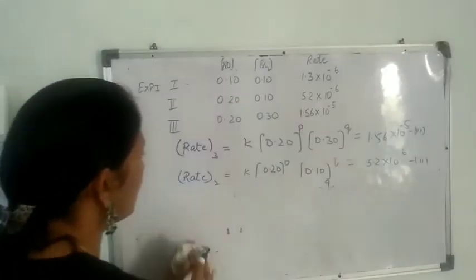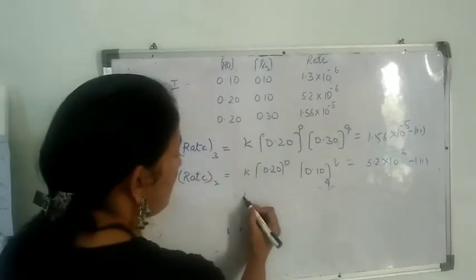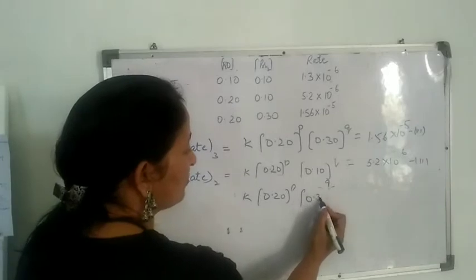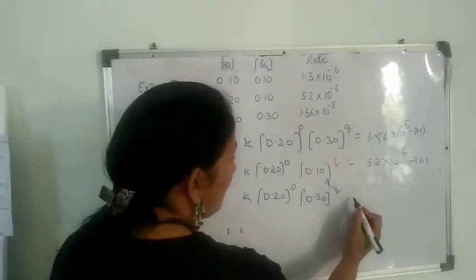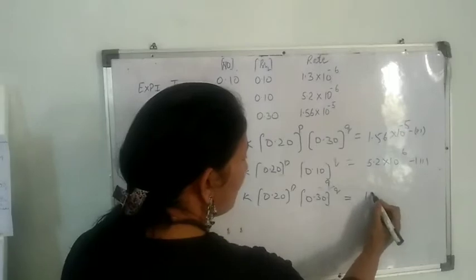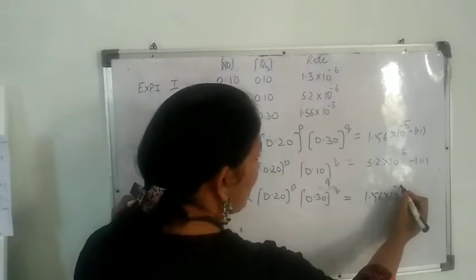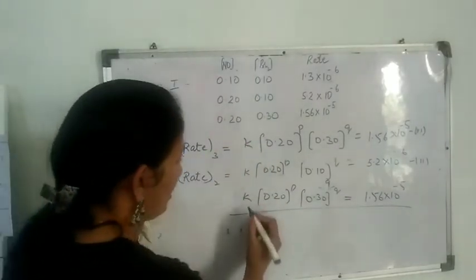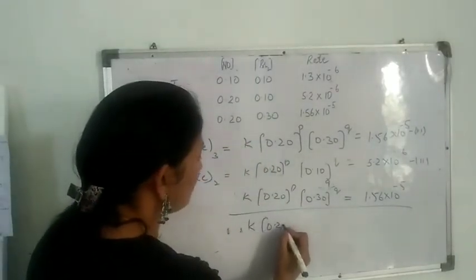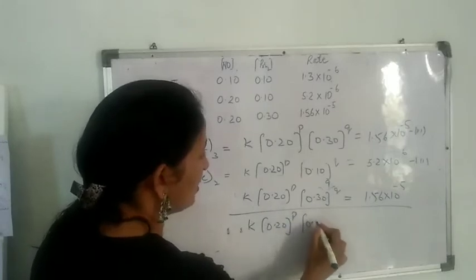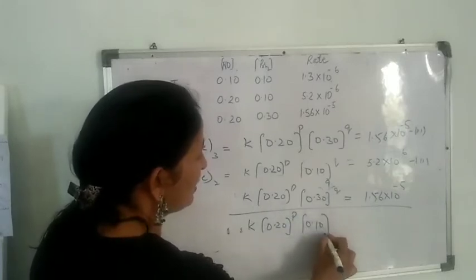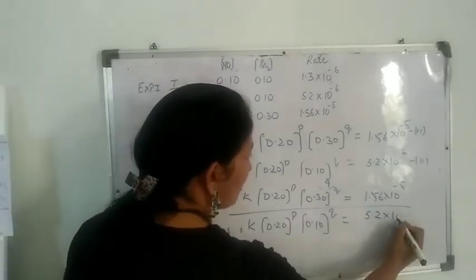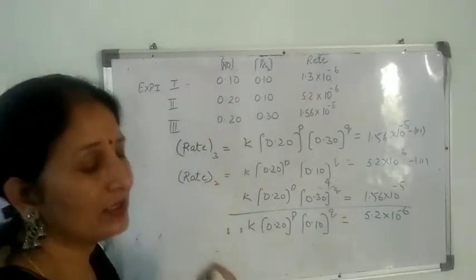So let's do that. Rate 3 will be K into 0.20 raised to power P into 0.30 raised to power Q is equal to 1.56 into 10 raised to power minus 5 divided by second equation K into 0.20 raised to power P into 0.10 raised to power Q is equal to 5.2 into 10 raised to power minus 6.